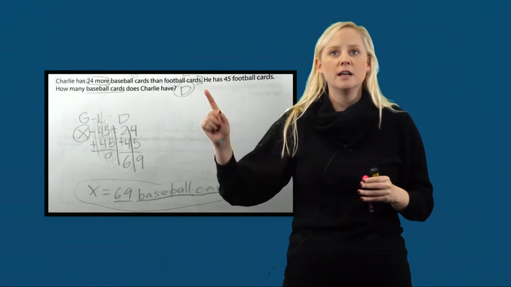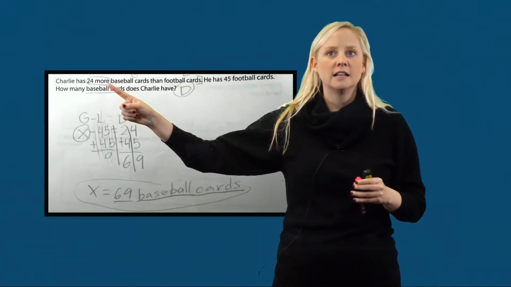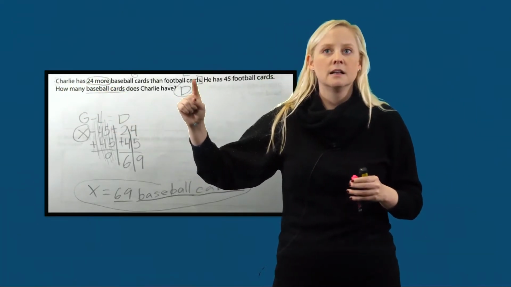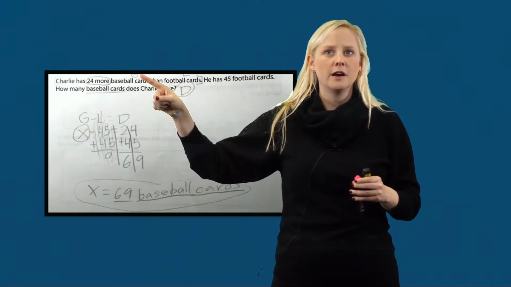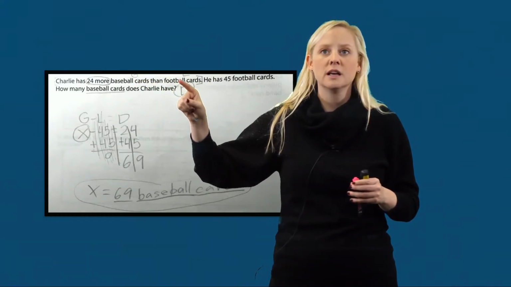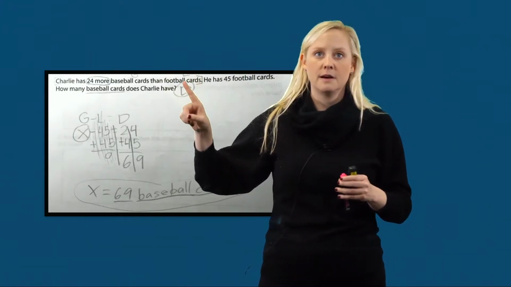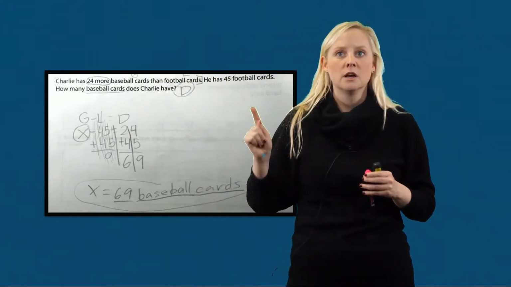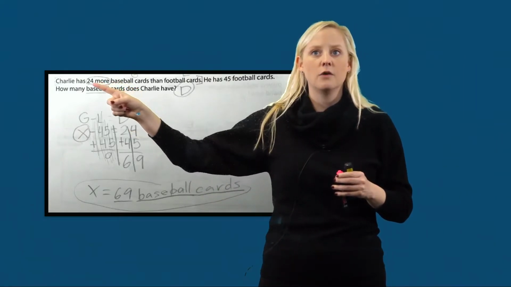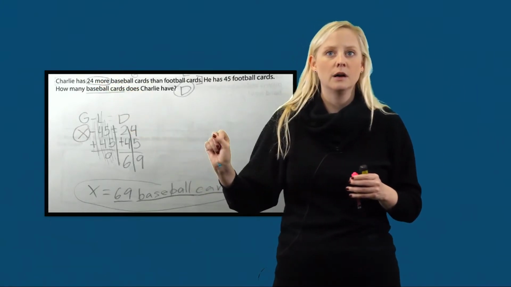The student then bracketed the compare sentence, identified more as the compare word, and labeled G and L. It's kind of cut off here, but G is above baseball cards and L above football cards. Notice that the G and the L were not placed above the numbers, they were placed above the words. The student identified 24 as the difference because 24 is a number directly in front of the compare word.